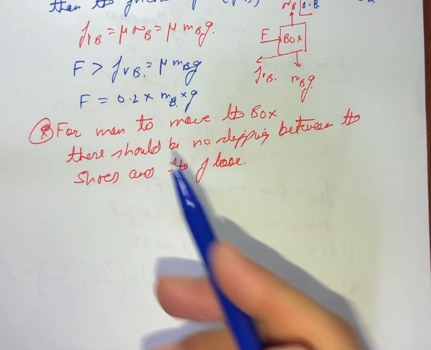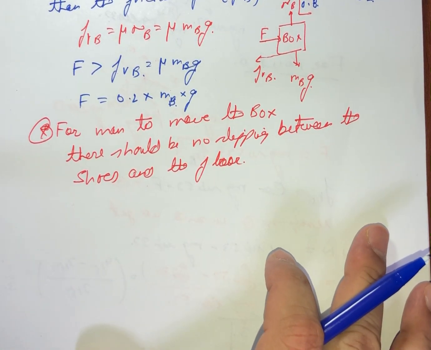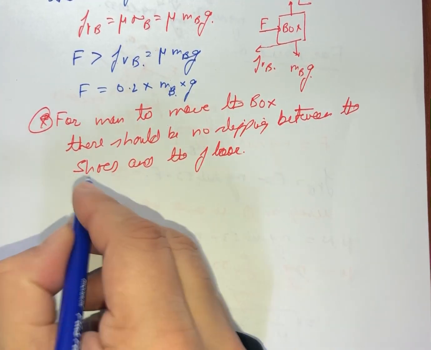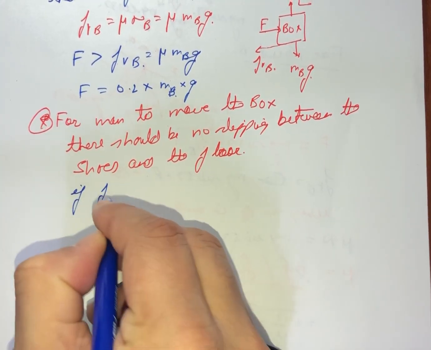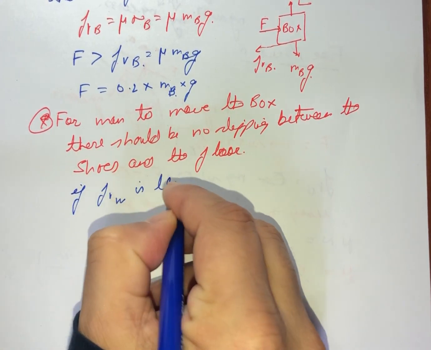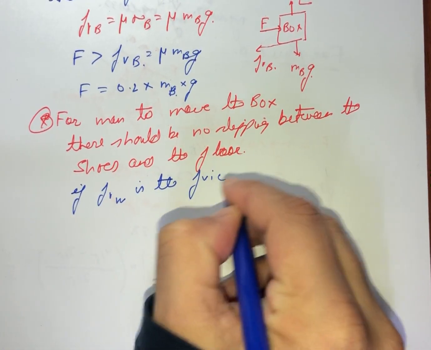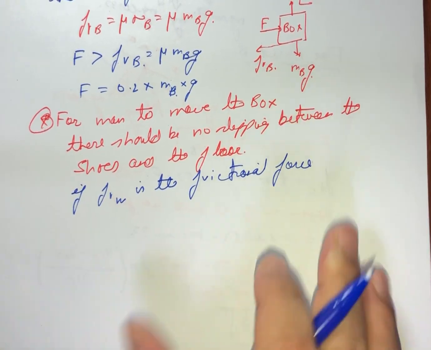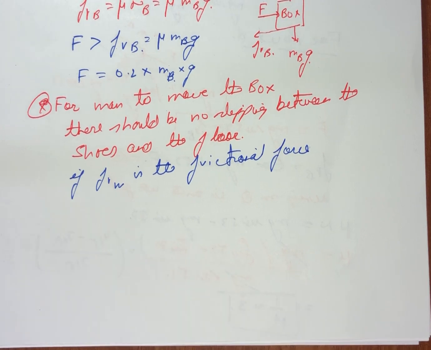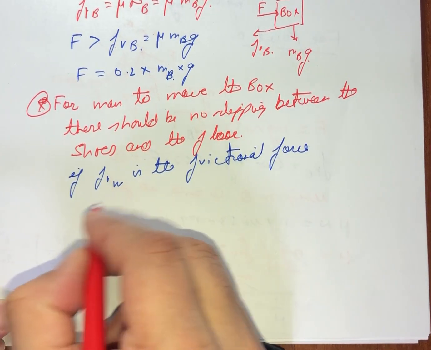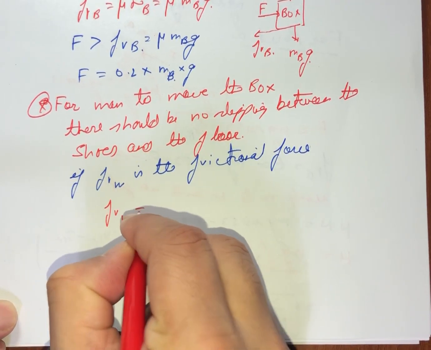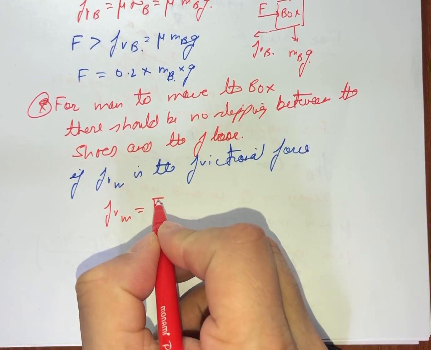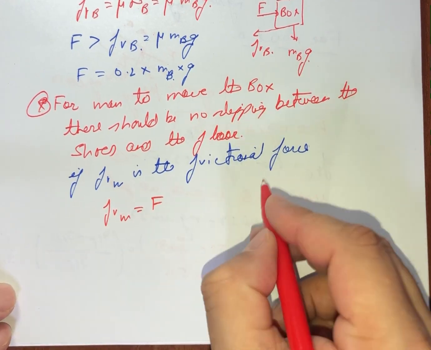It means if FRM is the frictional force for the man, therefore you can write the equation that FRM will be equal to the applied force F, and we can find out about FRM.